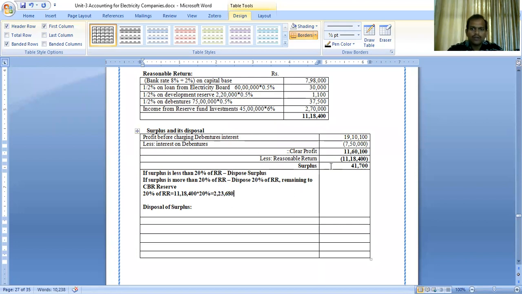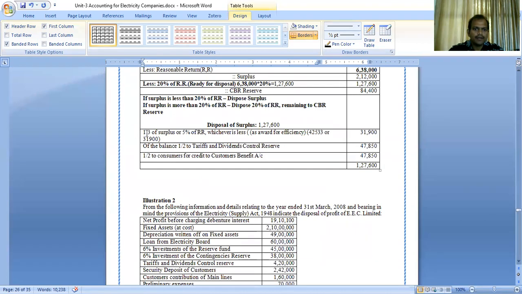So surplus is less than 20% of reasonable return. In such case, dispose of surplus. So the disposable amount is 41,700. Okay.